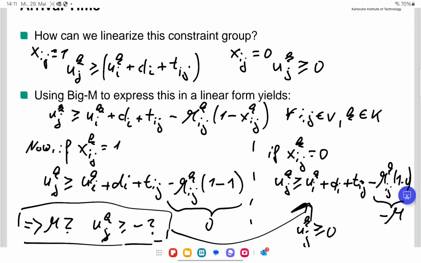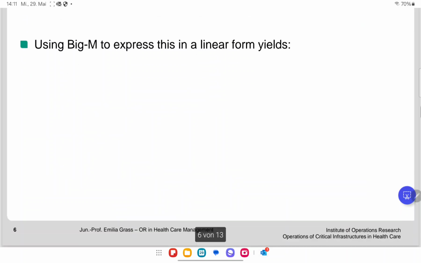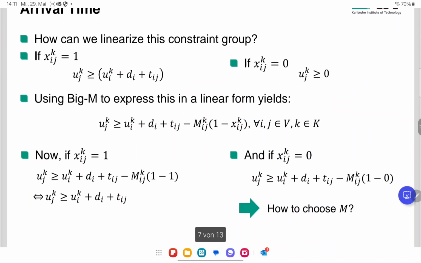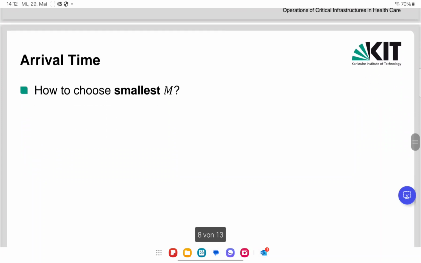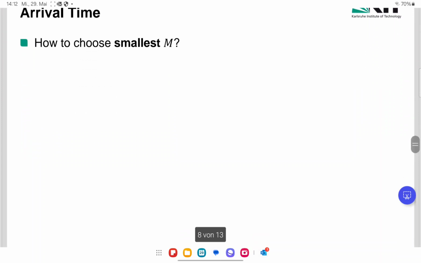But our question was, so here you see the nice picture of it. The task is how to choose the smallest M, okay? Because sometimes, although it's theoretically valid and everything's fine, the algorithm itself could run into some kind of problems and issues because of this huge number.